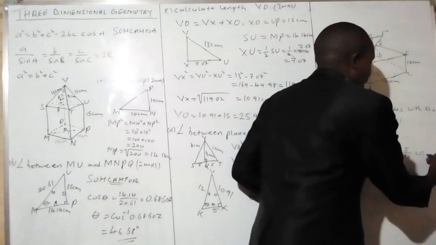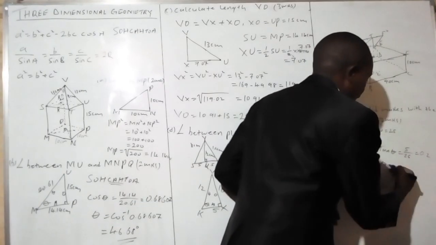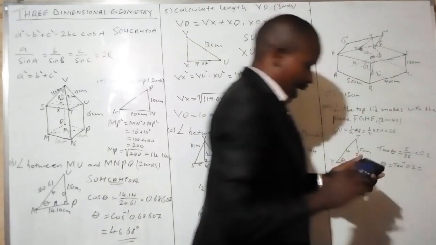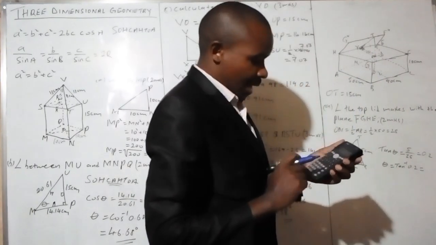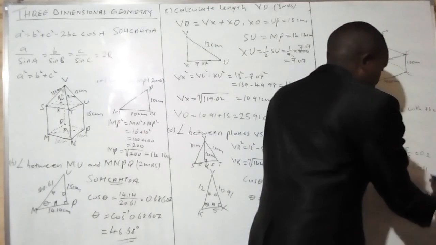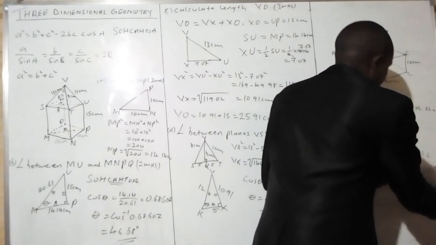And theta is equal to inverse tan 0.2, which is 11.31 degrees.